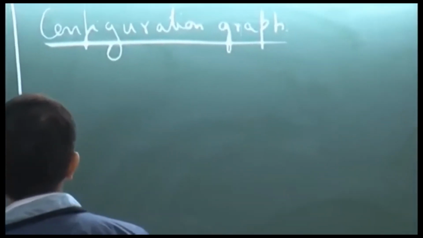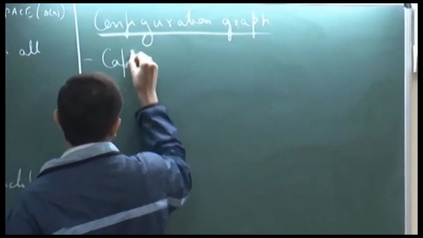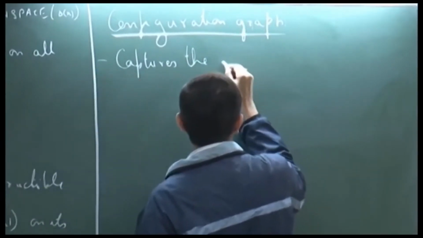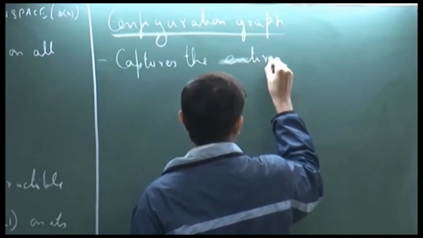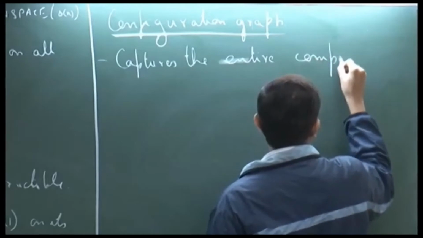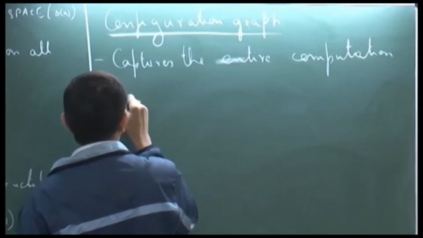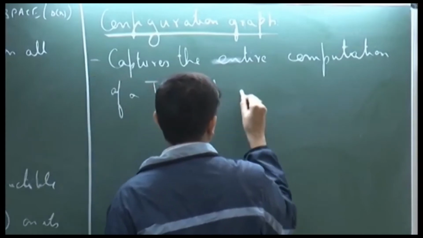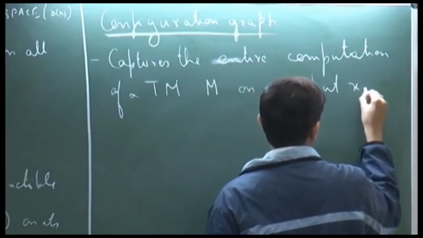So, intuitively the configuration graph is something which captures the entire computation of a Turing machine M on an input x.